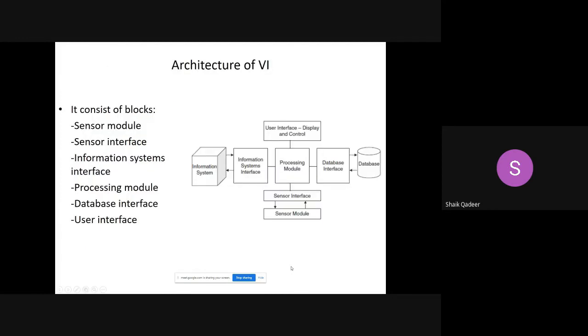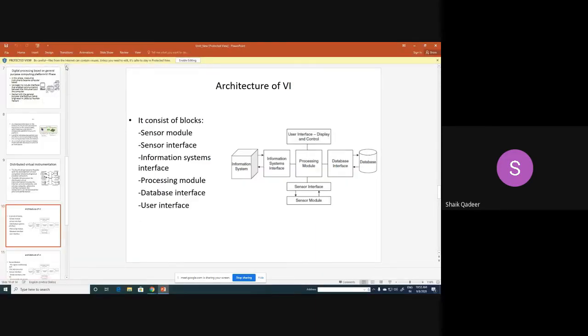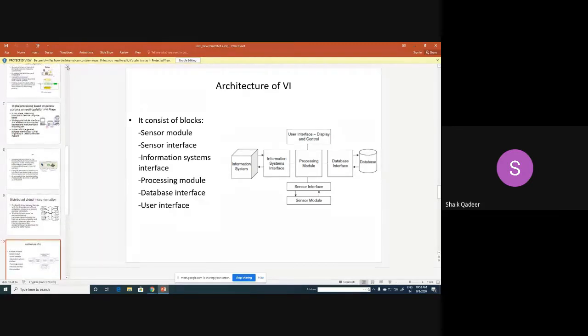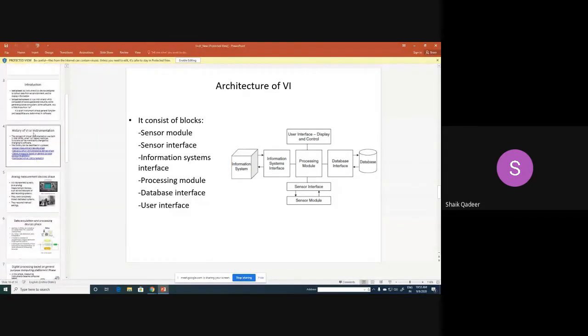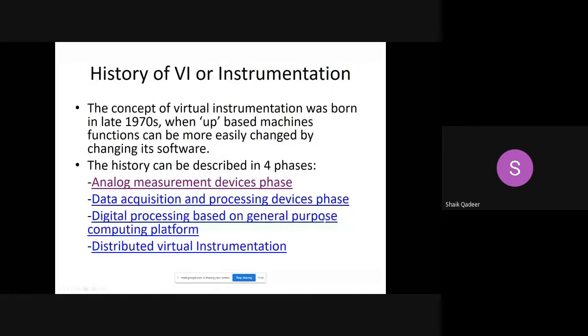So this is all about the history of instrumentation. Let us look at the history of instrumentation once again.